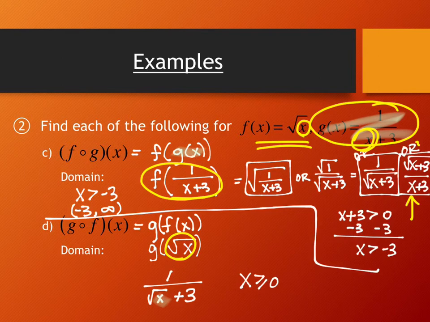So one of the issues is I have a square root. The other issue is that I have the whole denominator. Is there any way that that denominator could equal 0? It can't. Why not?